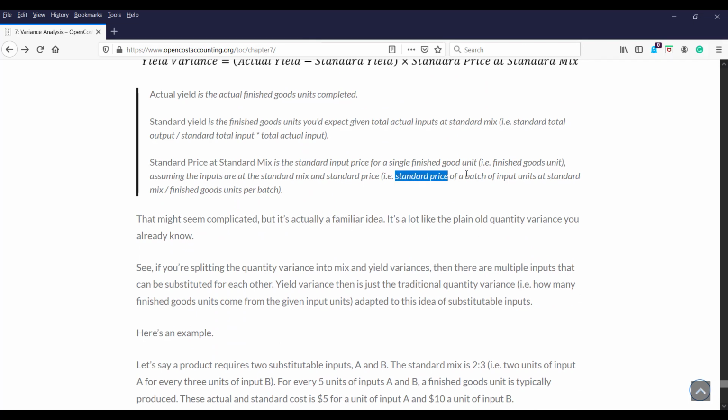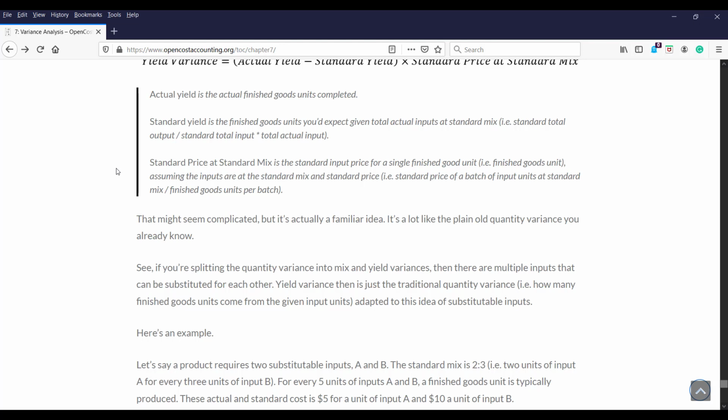So the standard price of the batch of inputs at a standard mix, that includes, let's say, product 1 is at $10, product 2 is at $20, and we expect it to have a 3 to 1 mix. That's our batch of inputs. And so we have 3 times 10. Product 1 was 3 to 1, right? 3 for product 1, 1 for product 2. Product 1 was $10 times 3 per batch. We're expecting $30 to be the standard price per batch with respect to product 1.